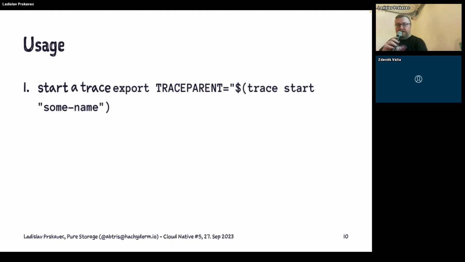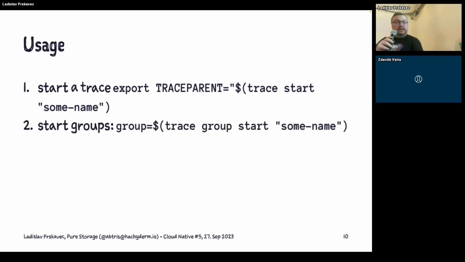It's very simple. You start a trace in your bash or in your CI, just trace, make some name for your parent, usually that main trace that you need. You start the group if you need it, using the trace group command.